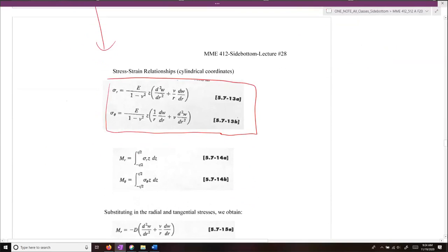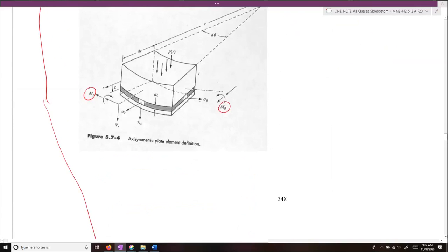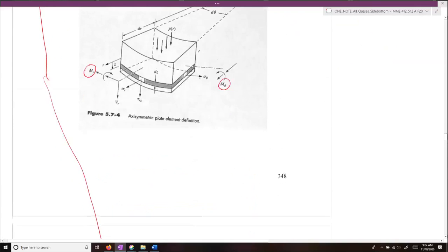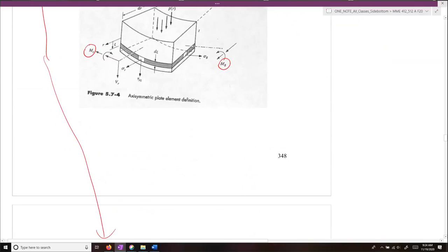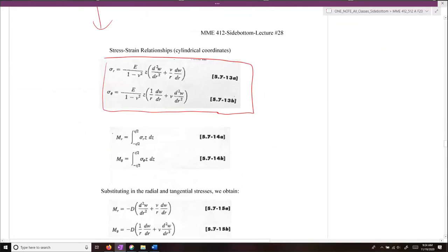Using this figure here and doing a moment balance over the areas, we can relate m of r and m of theta to our internal stresses, sigma r and sigma theta.